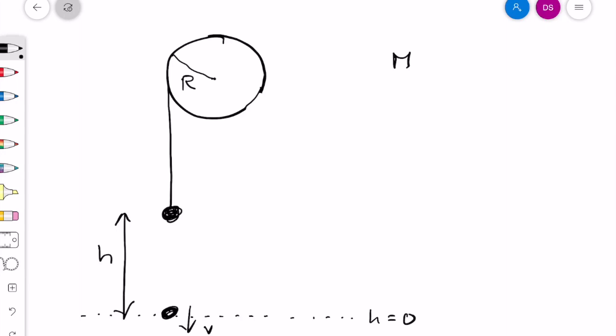And let's use conservation of energy. The equation of conservation of energy is K initial plus U initial plus W other equals K final plus U final. Okay. So the initial kinetic energy, the whole system is released from rest, as the problem says.